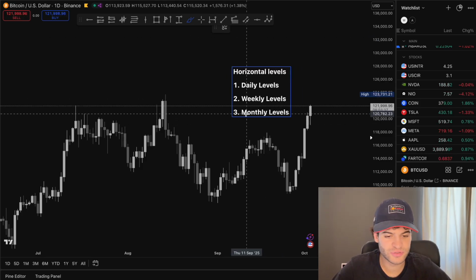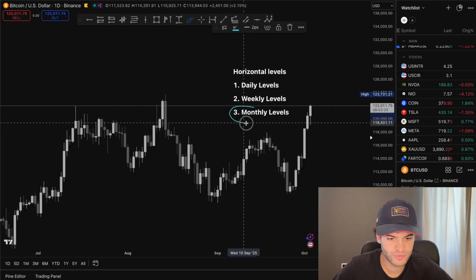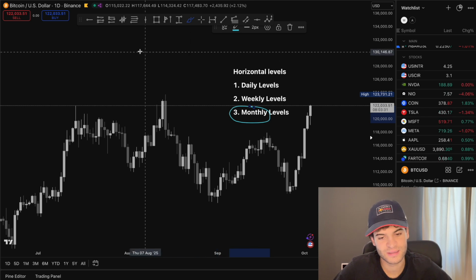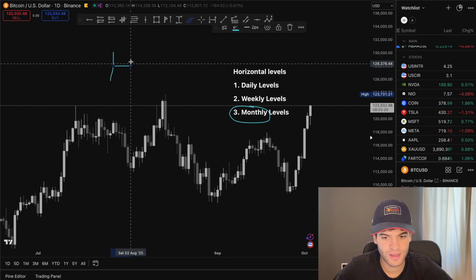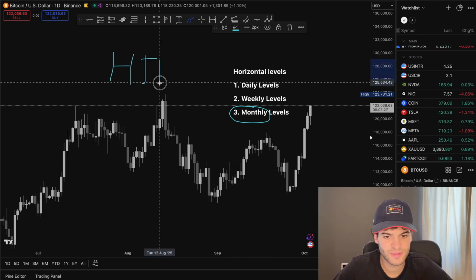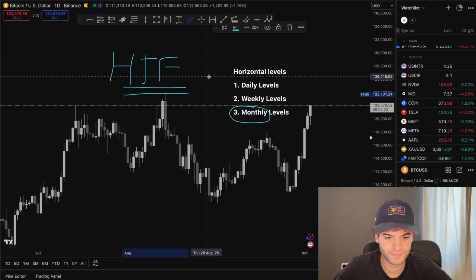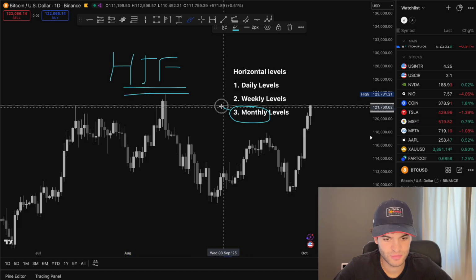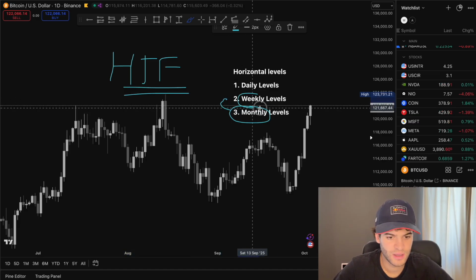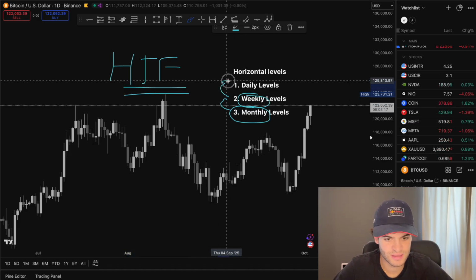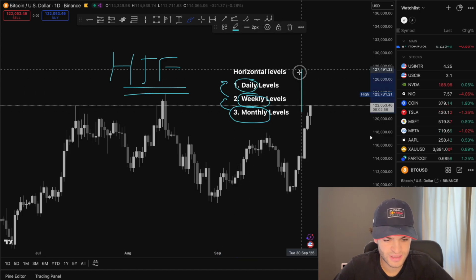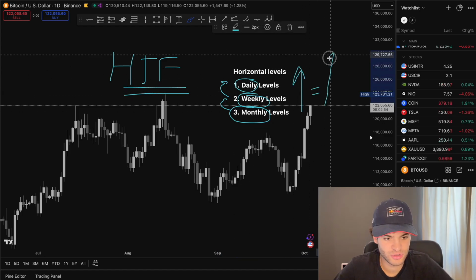So the most important thing is to start from the higher time frame, so the monthly. Remember that, as I've already explained, HTF, meaning higher time frame, always has control. So monthly is more powerful than weekly, and weekly is more powerful than daily. All right, higher time frame equals stronger level.